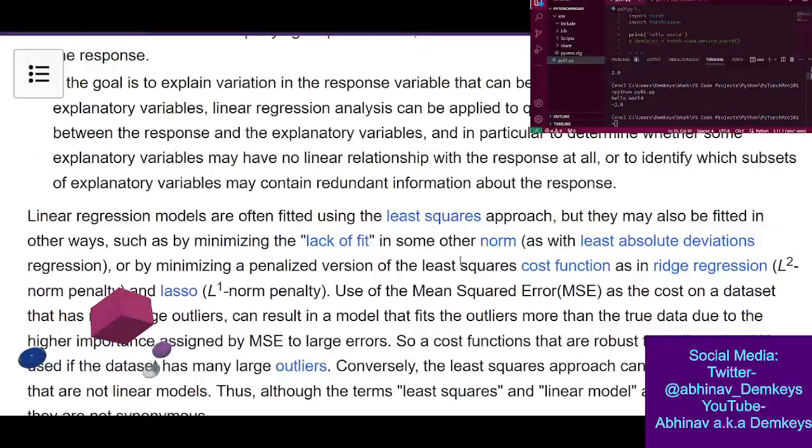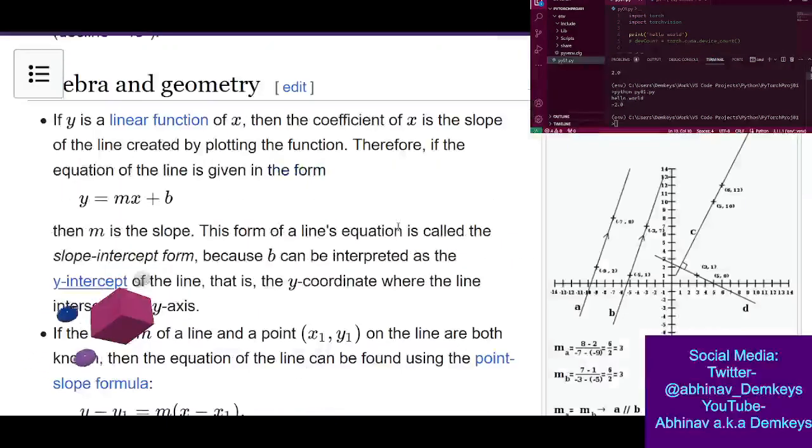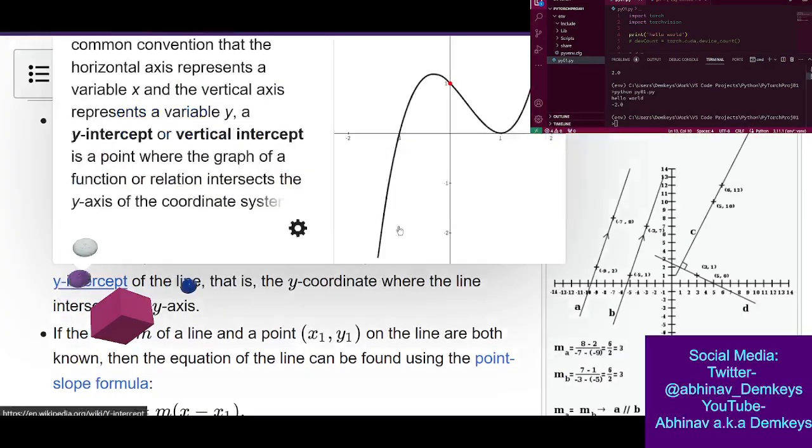Hopefully after this I should be able to do simple linear regression, which is kind of funny because I started learning about linear regression when I started learning machine learning. But each time I went deeper into it, I would get stuck at the slope part because I did not understand what a slope was.